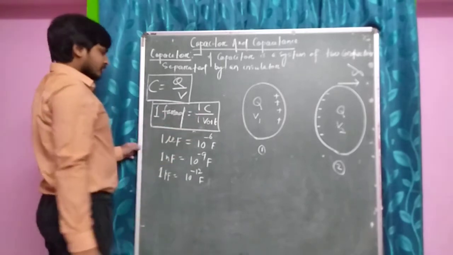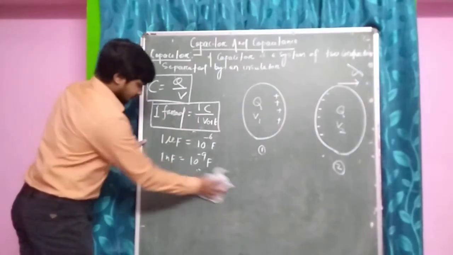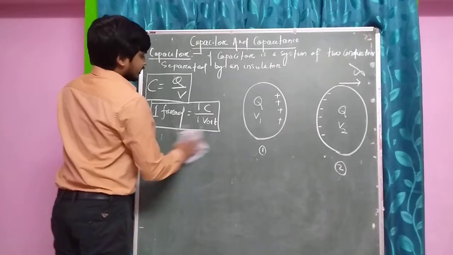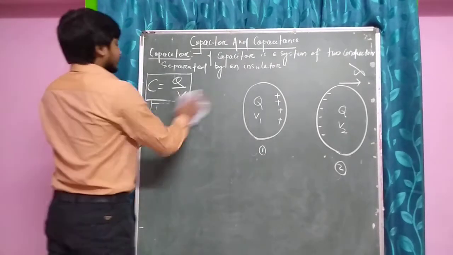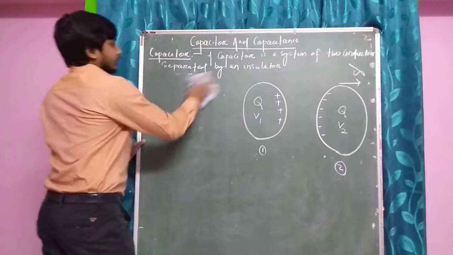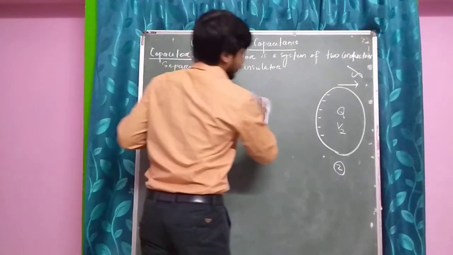Then coming to the types of capacitor, capacitors are of different types like spherical capacitor, cylindrical capacitor and parallel plate capacitor.